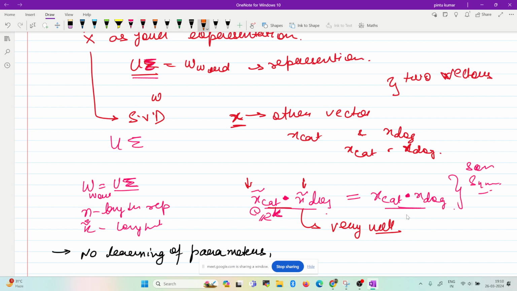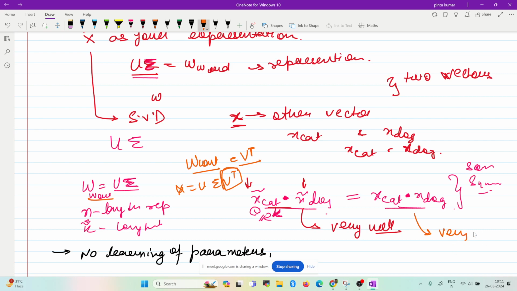For the analogy detection task, you might not do very well if you use this SVD based technique to find W word and W context. Now W context here would become just your V transpose vector. Because your X was U sigma V transpose, you can use the rest of the half as your representation for context.